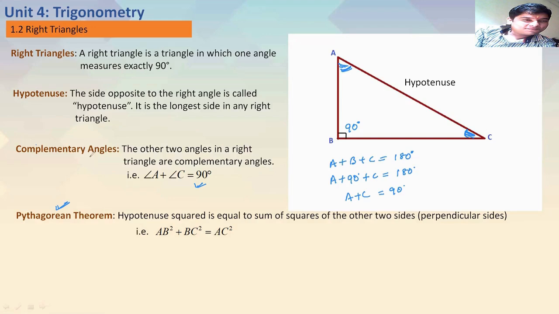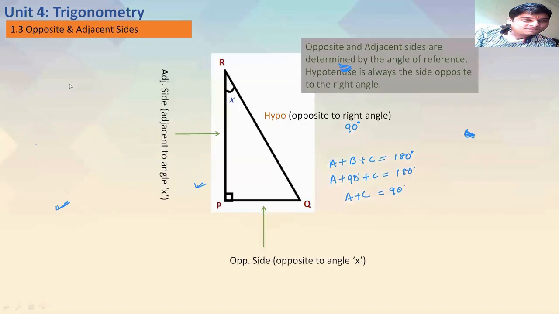Moving on. Now we understood that our adjacent and opposite sides depend upon the angle of reference, right? So let's say that the angle of reference is at R, X, as you can see. Then the side which is opposite to X is, name it please.